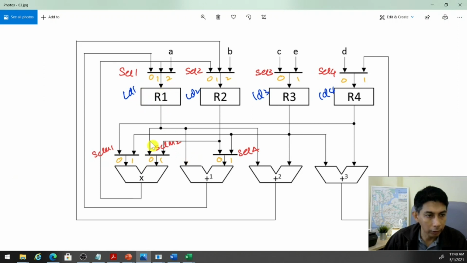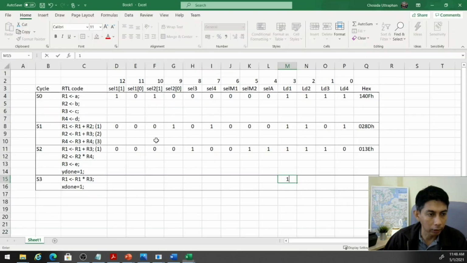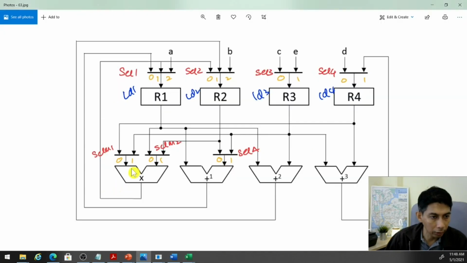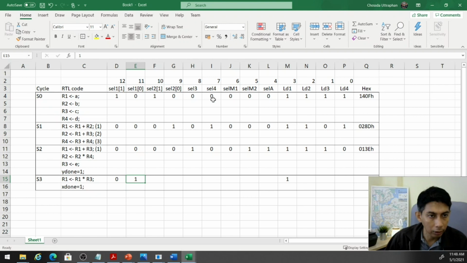And for the multiplier, this line, SEL1 is 0, 1 or number 1. So it should be 0, 1 and multiply R1 multiplied by R3. So this is R1. SELM2 must be 0.